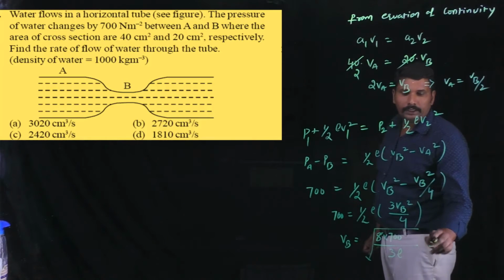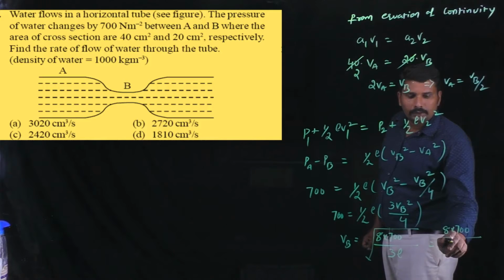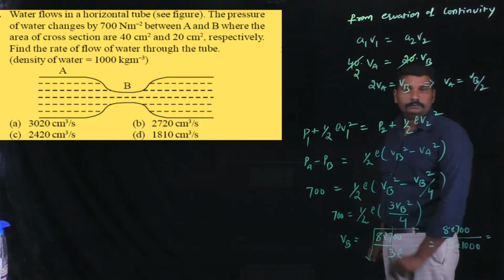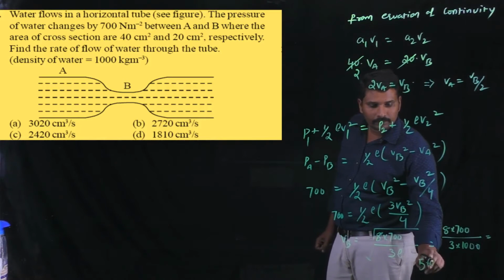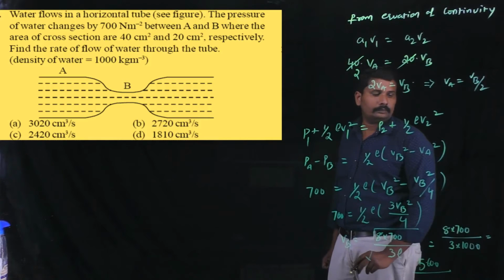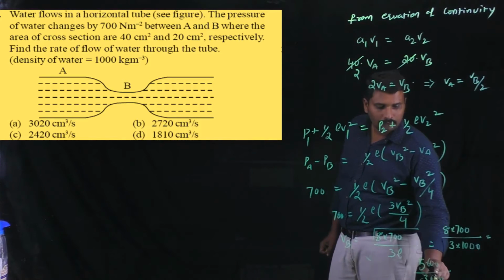By substituting it we get 8 into 700 by 3 into 1000. Simply it is 8 into 700, that is 5600 by 3000. Okay, it is 56 by 30.